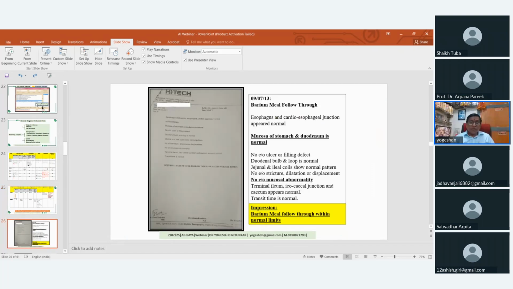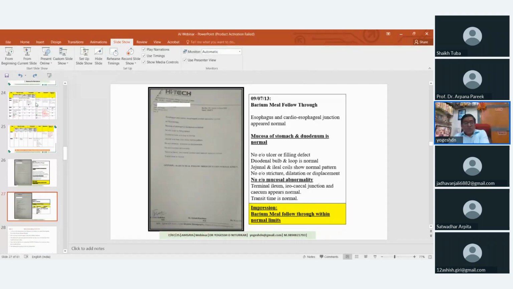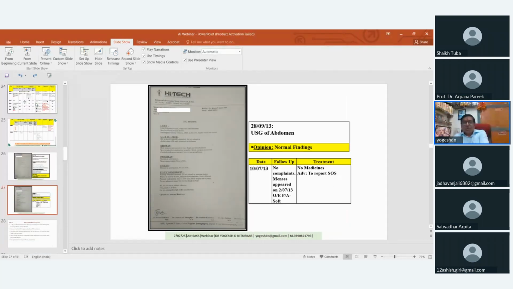So they did the investigation, barium meal follow through, where the mucosa of the stomach and duodenum was normal. Barium meal follow through within normal limits. The USG of abdomen showed normal findings. Absolutely nothing abnormal was seen.